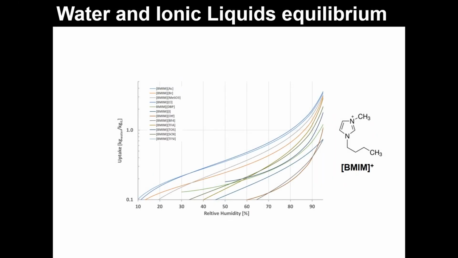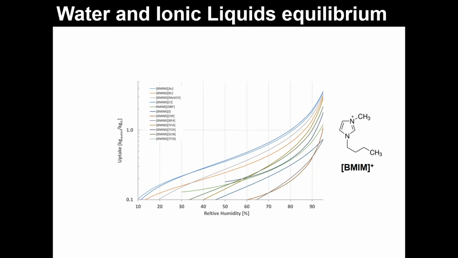Now we start from this graph. First of all, this is a collection of equilibrium data. The graph shows relative humidity on the horizontal axis against the uptake, that is the amount of water adsorbed.